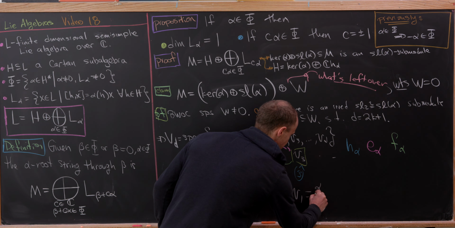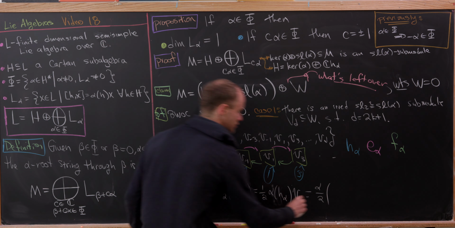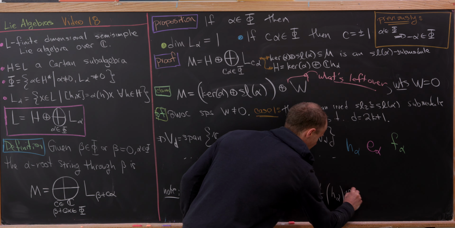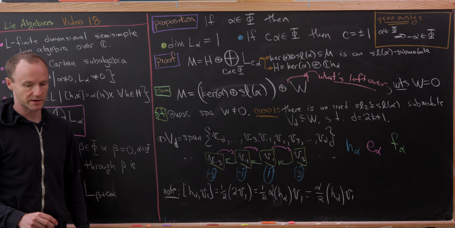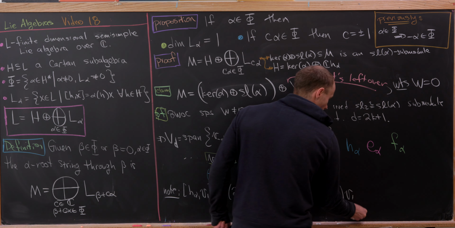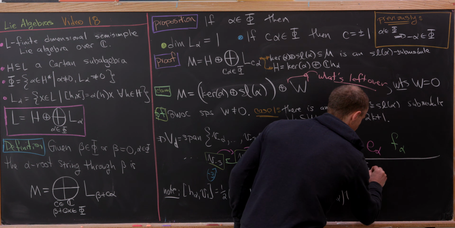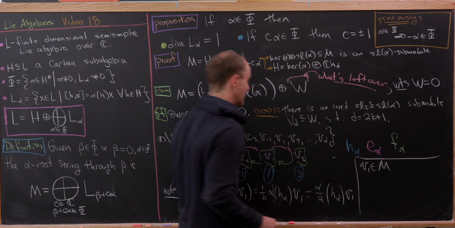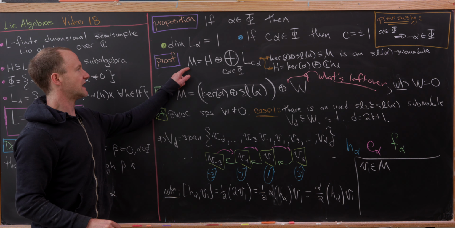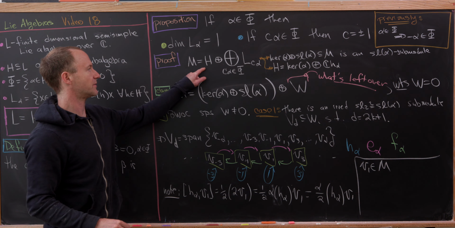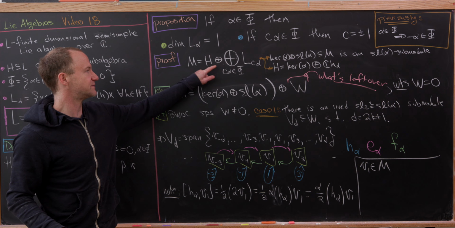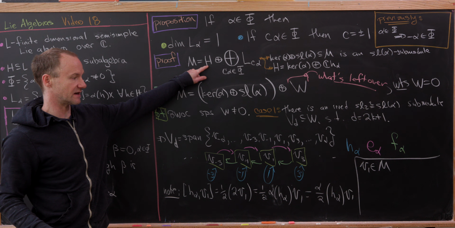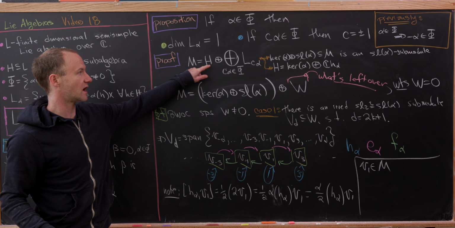But that's equal to the map alpha over 2 applied to H alpha, multiplied into V1. But also we know that V1 is inside of M, and M has this decomposition up here. That means it has to be inside of one of these, because we did not get 0 as an eigenvalue. We got something non-zero.